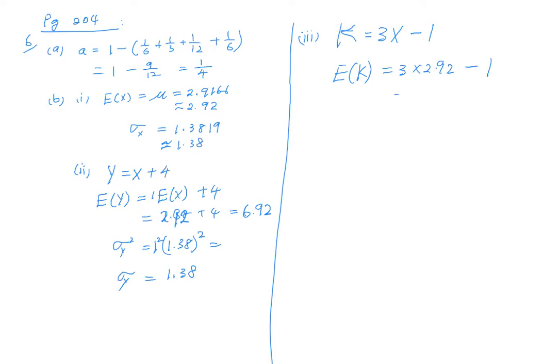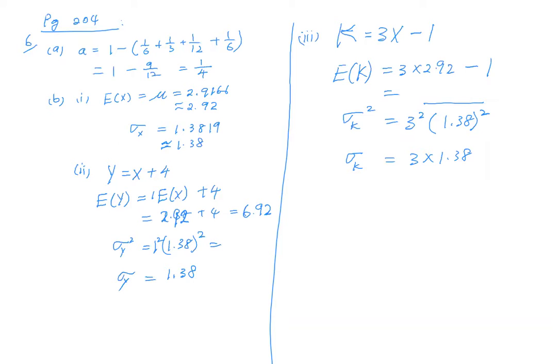So I get the answer. Okay, variance for K will be 3 square times 1.38 square. Standard deviation for K will be 3 times 1.38. That's all.